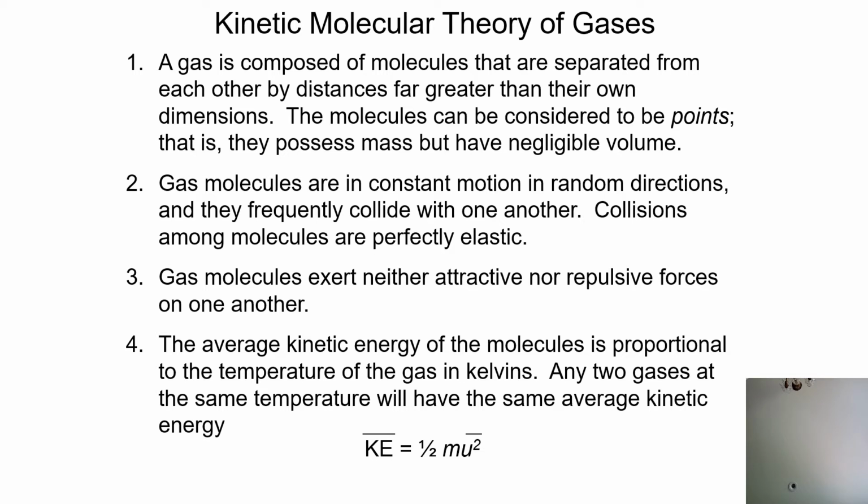The line above it tells me that's the average. m is the mass of the molecule, and u equals the speed of the molecule. u squared, with the line above it, is the mean square speed, or the average of the speeds, or the average velocity of all the molecules in the sample.